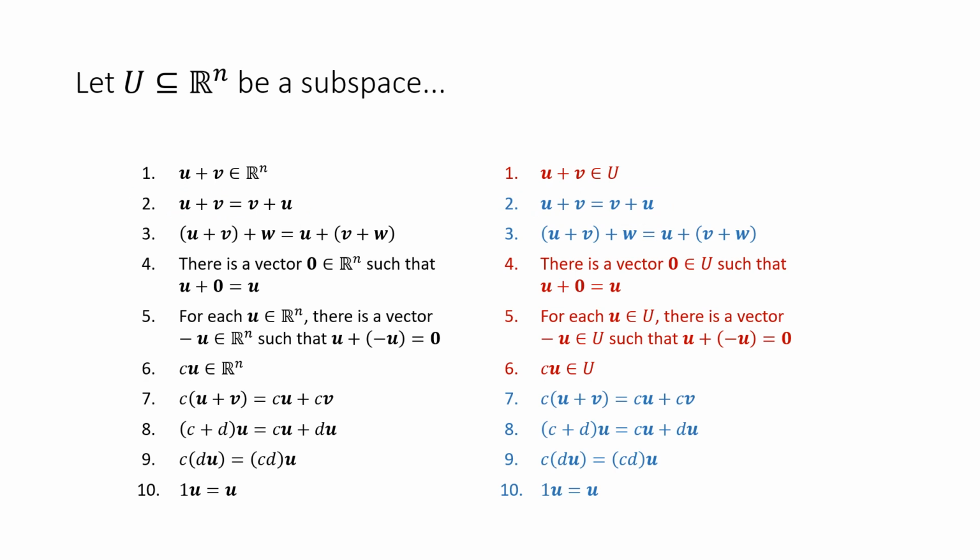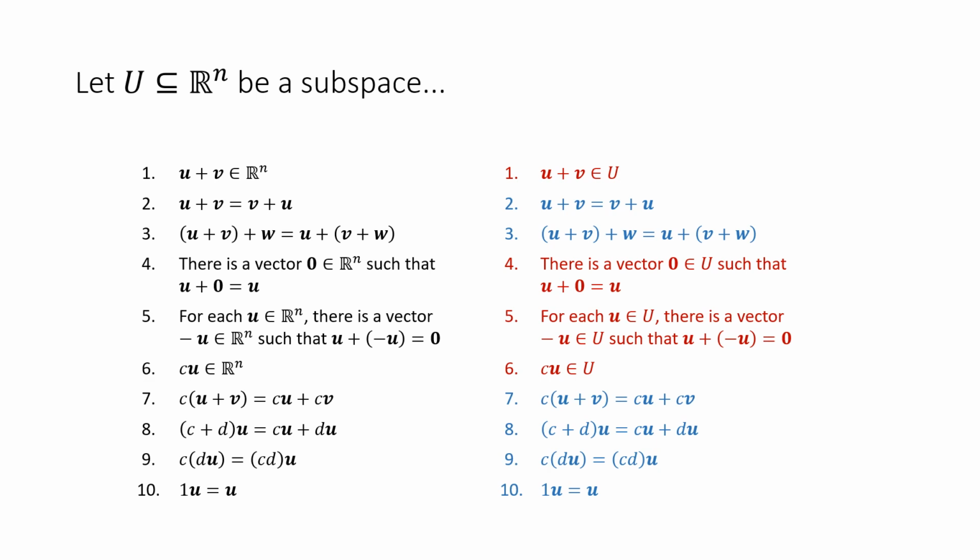So what we see here is that the axioms that I've colored in blue, those are what we call inherited operations, or inherited axioms. Those are axioms that we don't have to check again for this subset. But the ones that specifically refer to U rather than referring to properties of the actual operations, those are the ones that we would actually have to check.